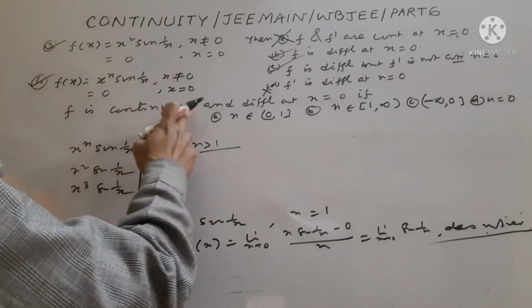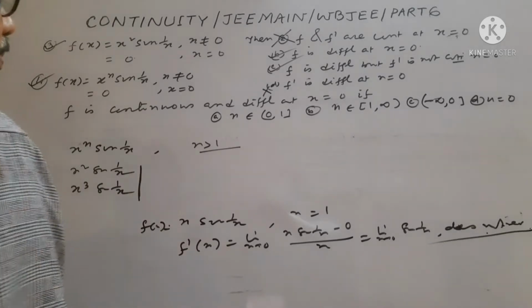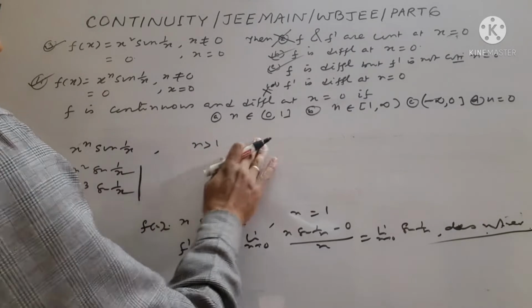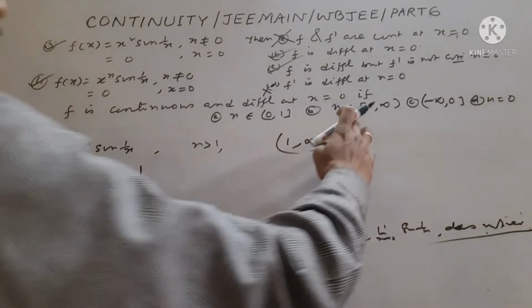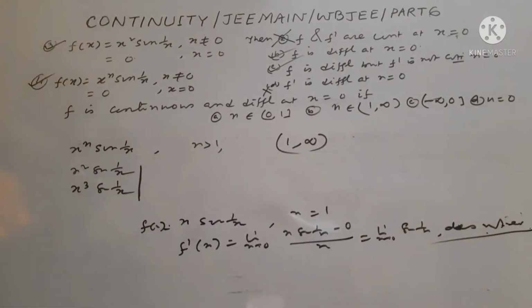So f is continuous and differentiable at x = 0 if n is greater than 1, that is, n from 1 to infinity. f is differentiable and continuous.